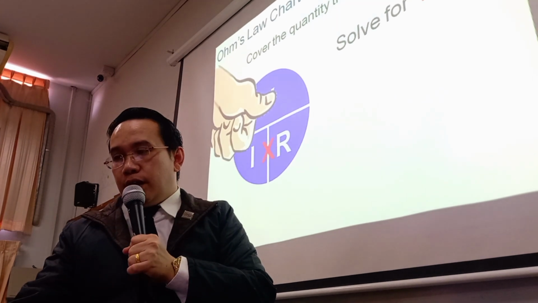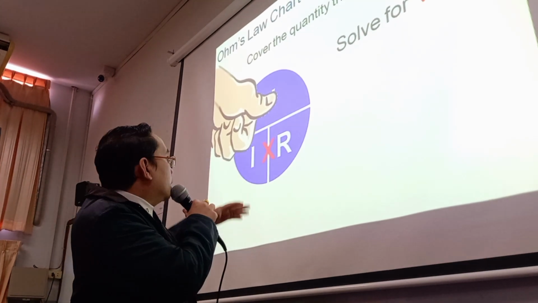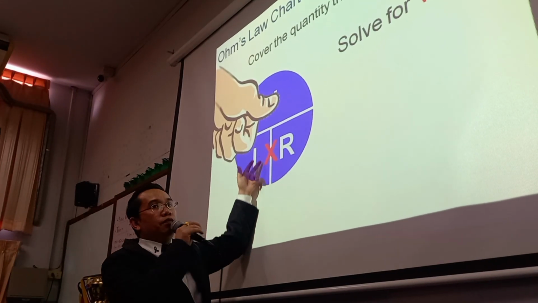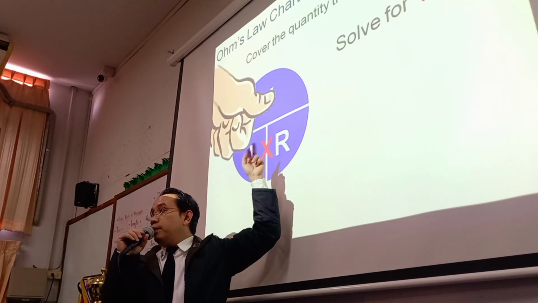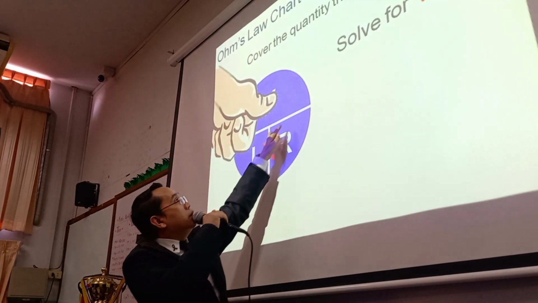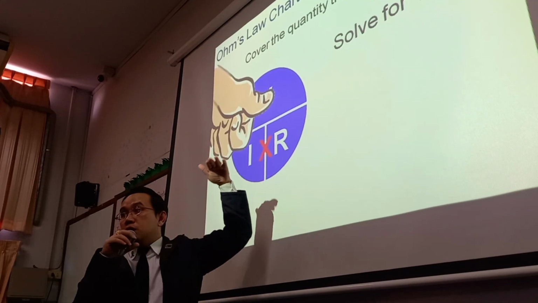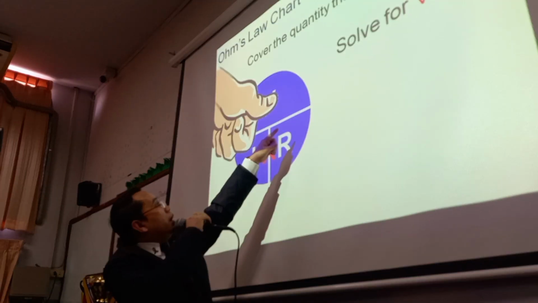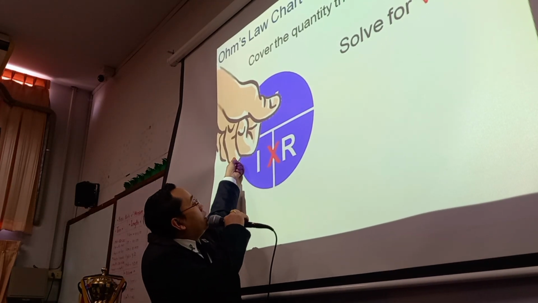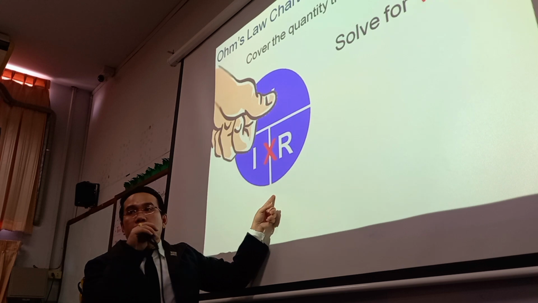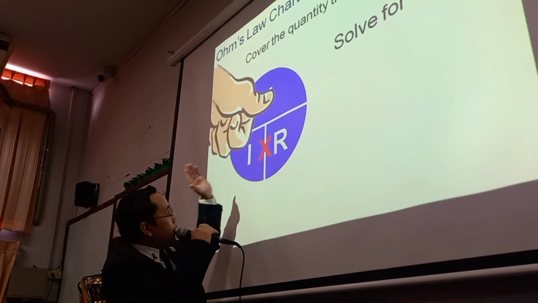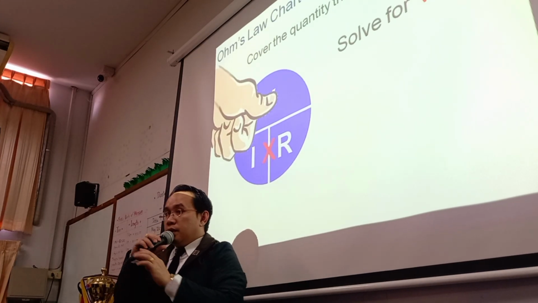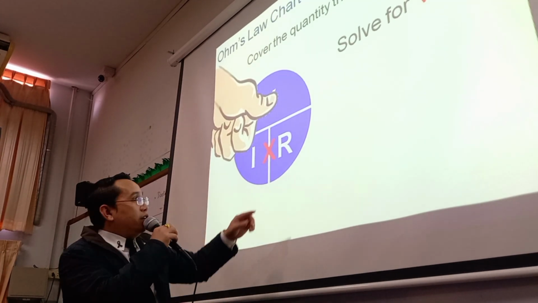This portion, the division, is emphasized as a multiplication operation. There is a division at the bottom portion. For the left corner, that will be the current, and for the right corner, that will be the resistance. So always remember the formula.